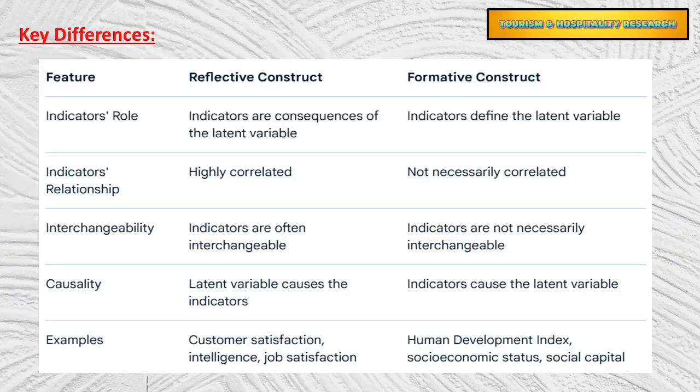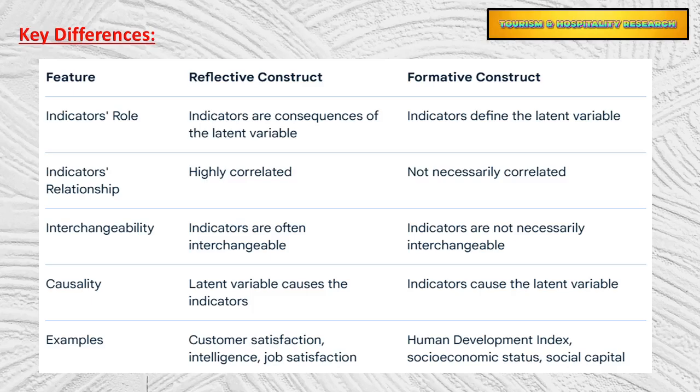So let us wrap up the session and see the key differences between a reflective construct and a formative construct through this table. Indicators are consequences of the latent variable, whereas in a formative construct, indicators define the latent variable. They are highly correlated in a reflective construct, whereas they are not necessarily correlated in a formative construct.